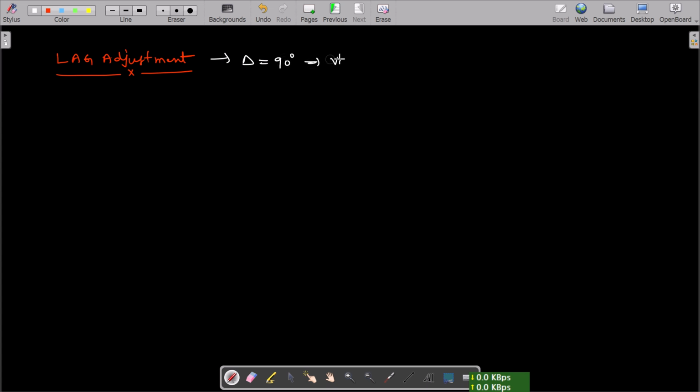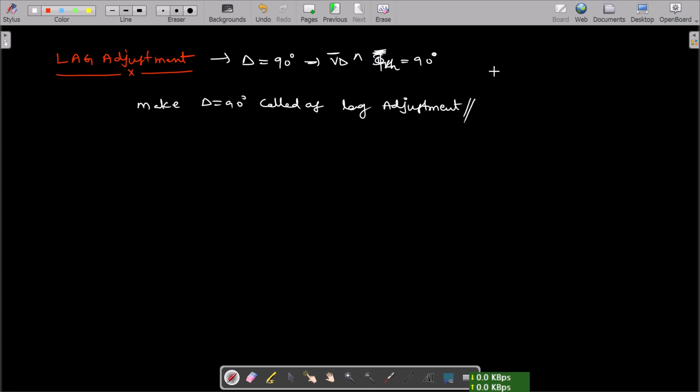That is, the angle between VL bar and the shunt flux phi SH bar is 90 degrees. Making delta equal to 90 degrees is called lag adjustment.